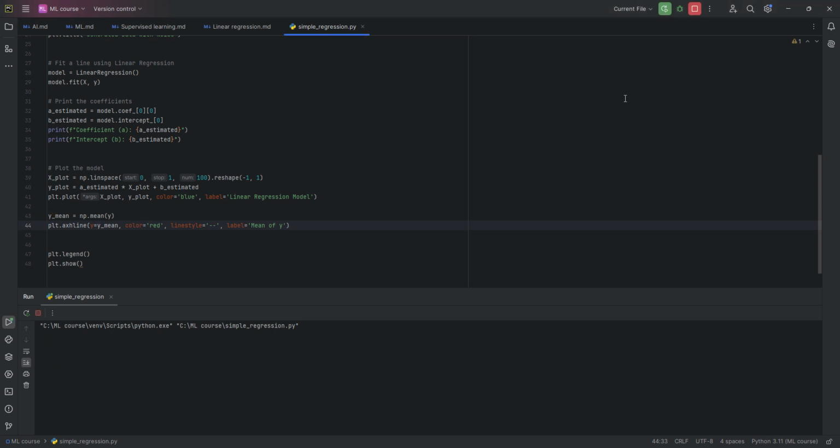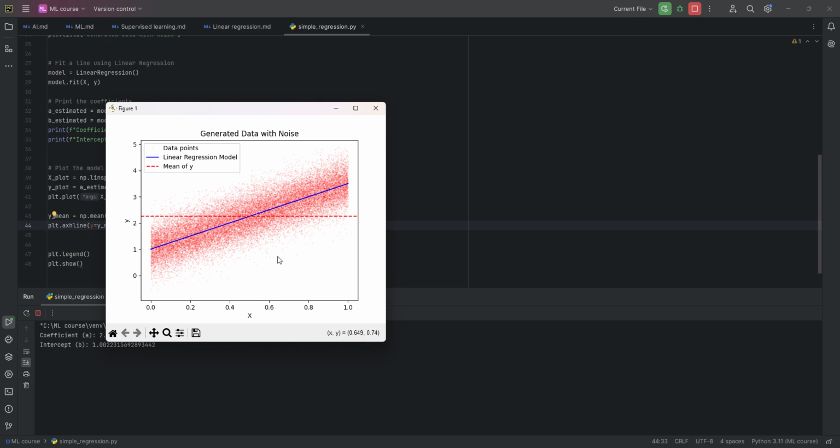Let's run it again. And you can see that this line, the dashed red line, is the mean of all these red dots, the synthetic data that we have generated.